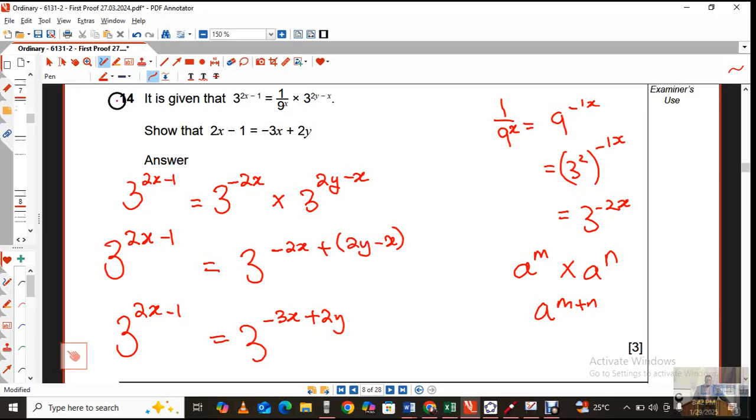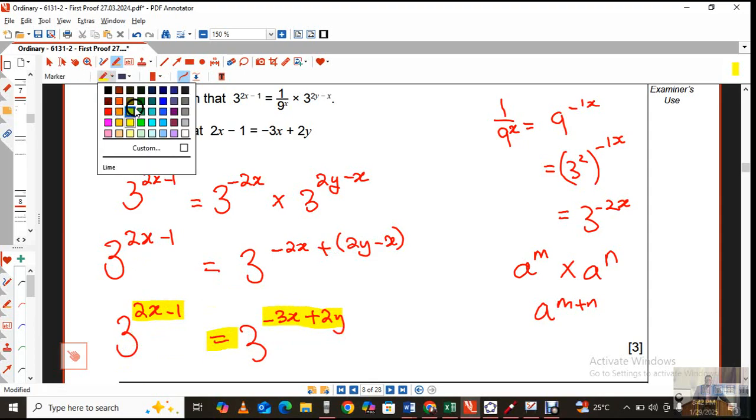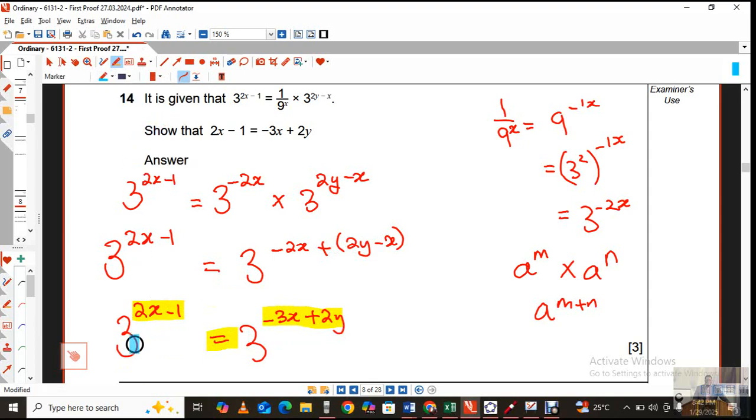So what is it that I have now? I have now that these exponents are equal to each other because the bases are equal. So if the bases are equal, then we drop the bases. And if we drop the bases, we equate the exponents.